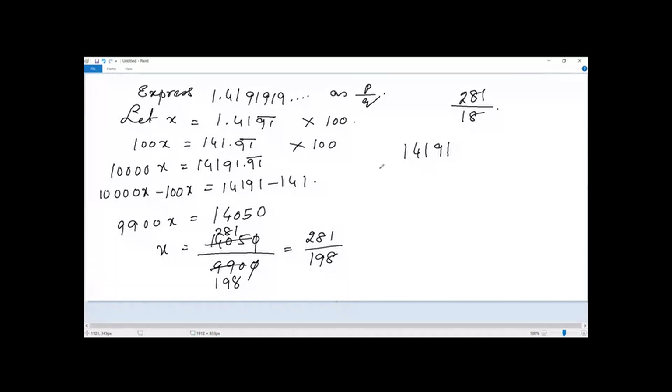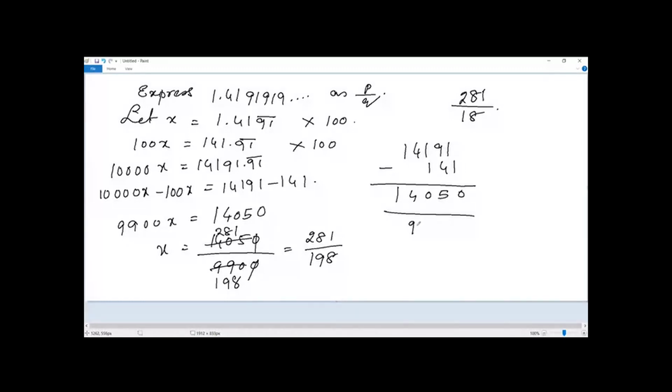Minus 141, divided by the number of repeated numbers and non-repeated numbers. We have to put repeated numbers as 9 and non-repeated numbers as 0, ma'am.